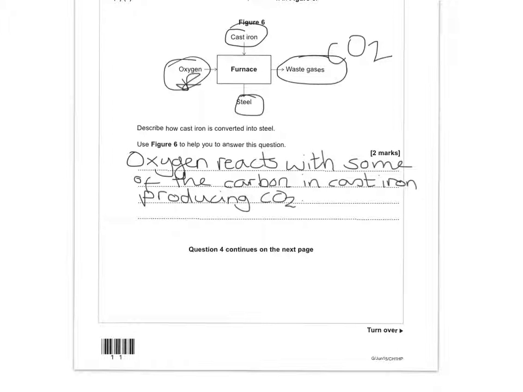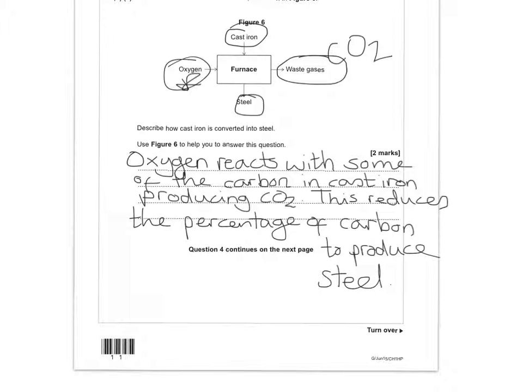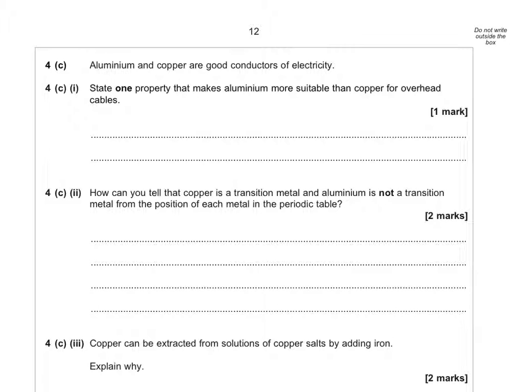And the second mark here is for saying that this reduces the percentage of carbon in the mixture. Okay, so this reduces the percentage of carbon to produce the steel.